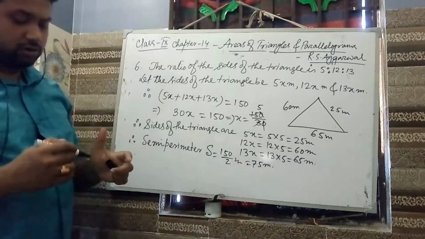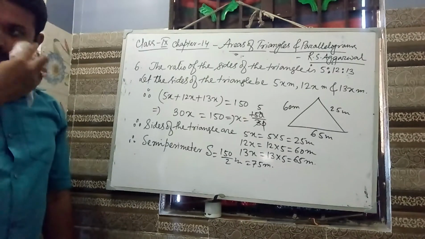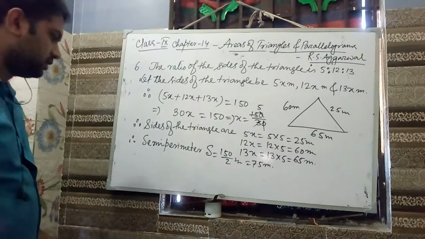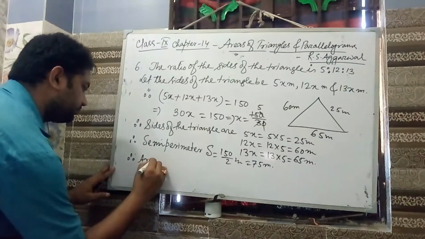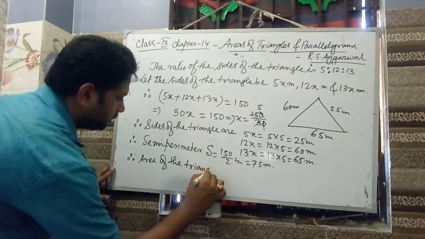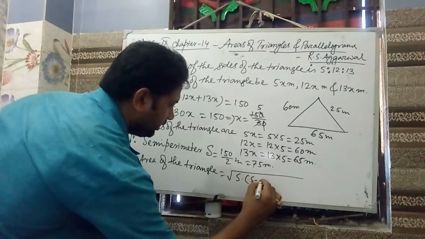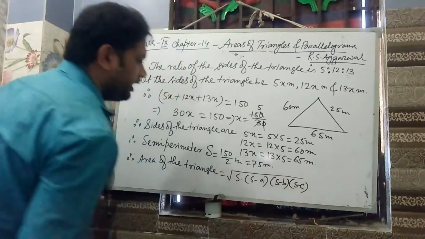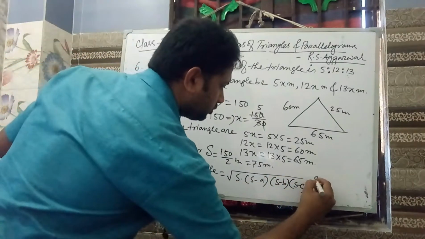Okay. So you have to use the formula root over S into S minus A into S minus B into S minus C. So write down, therefore area of the triangle is equal to root over s into s minus a into s minus b into s minus c, where A, B, C are the sides of the triangle. So this much square unit.